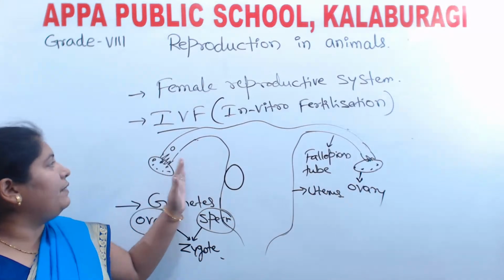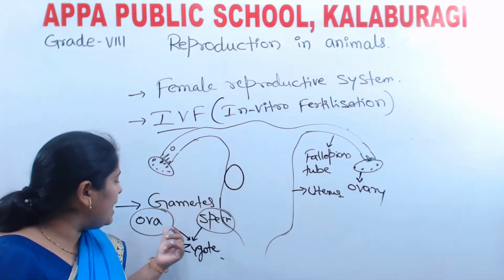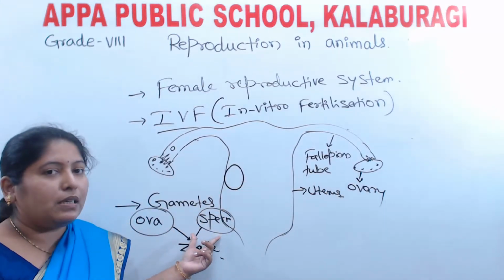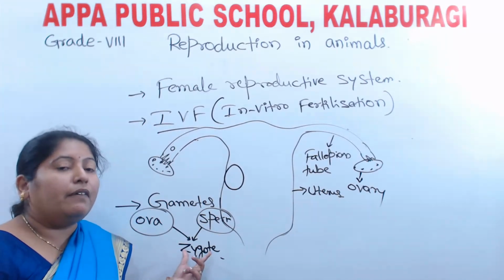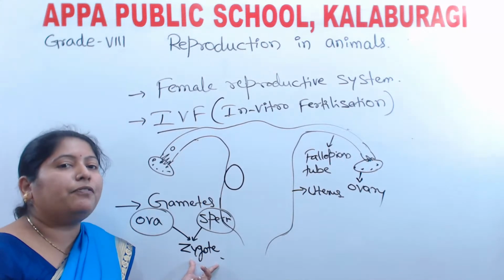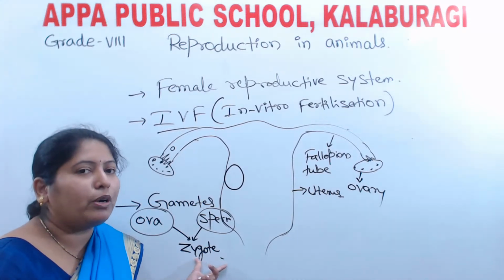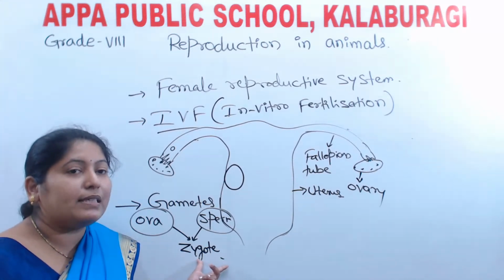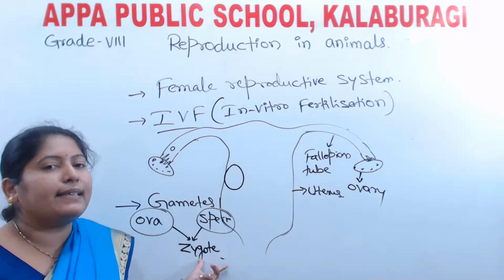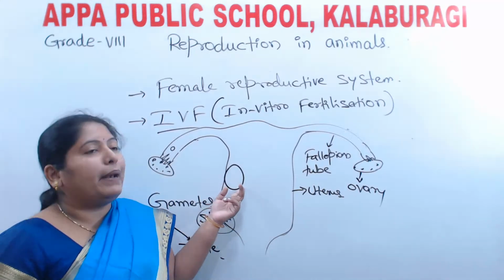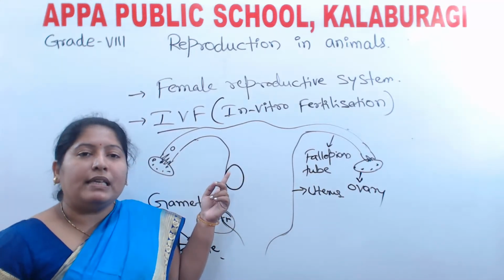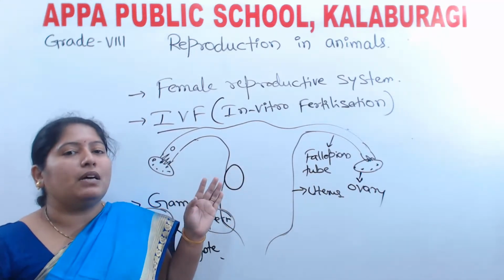So this is actually the IVF, where we extract the gametes from both the parents, allow those gametes to fuse under laboratory condition, and allow around 1 week for the zygote to undergo cleavage, developmental stages, dividing and redividing itself. That divided zygote is now allowed to implant inside the uterus of the same mother. This is actually the process of IVF.